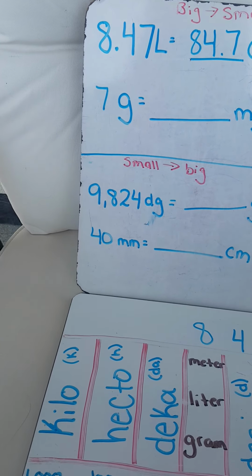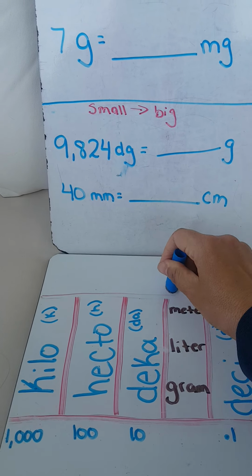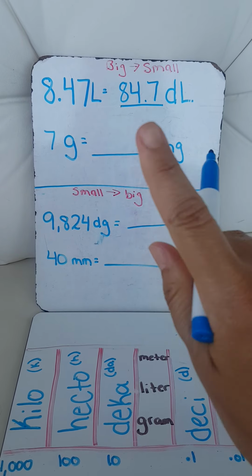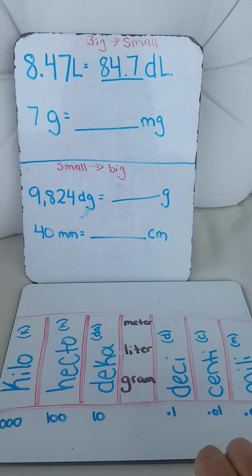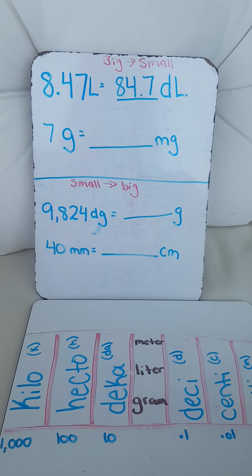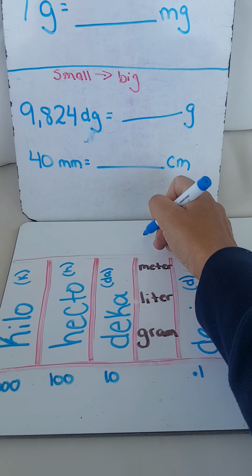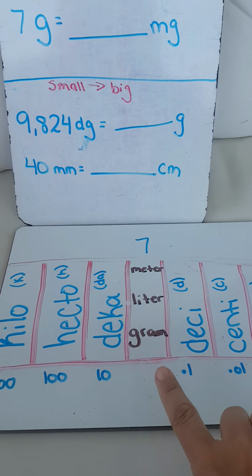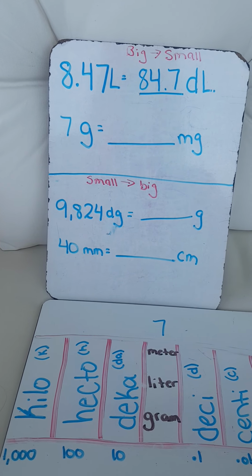So let's try another one. Let me erase this. Again, I'm going big to small. I'm going to go from gram to milligram. It says 7. I'm going to put 7 above the column that says gram. Oh, I got to get all the way to milligram, but I don't have any more numbers.